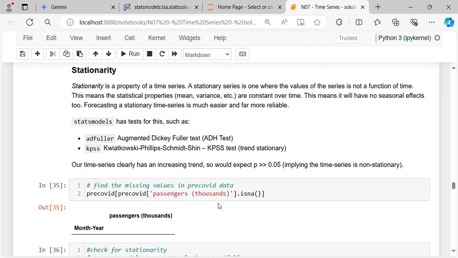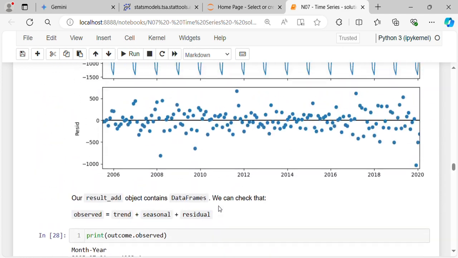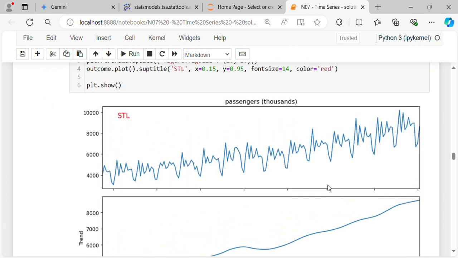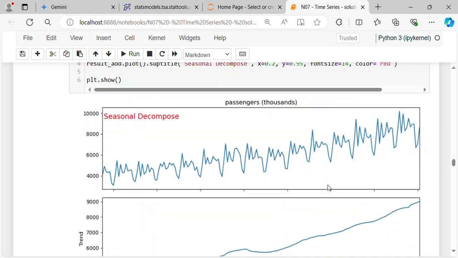Our time series clearly has an increasing trend. So if you look at the trend, let's look at the trend. So this is the trend. It has an increasing trend for seasonal decompose, and STL decompose also shows the increasing trend.